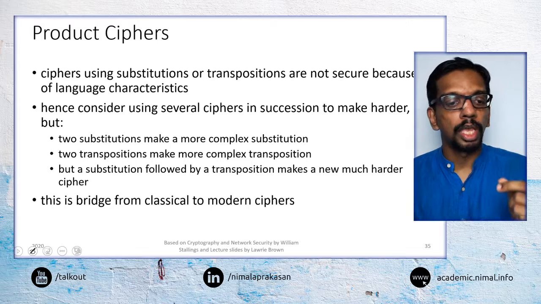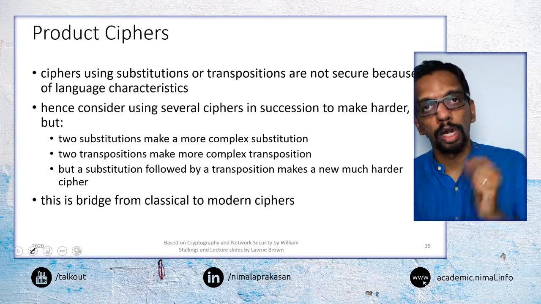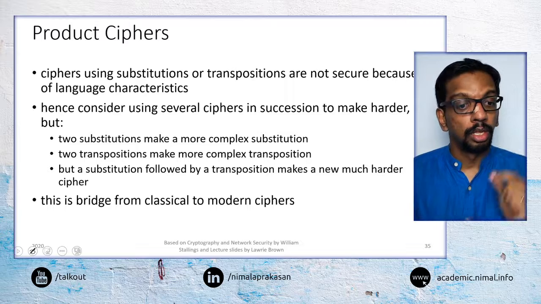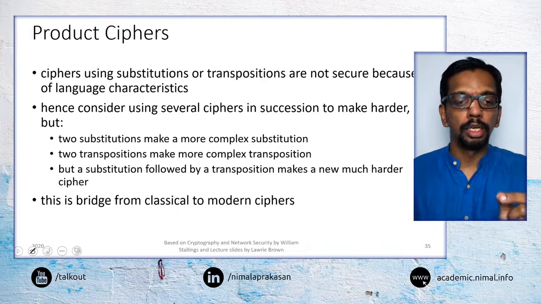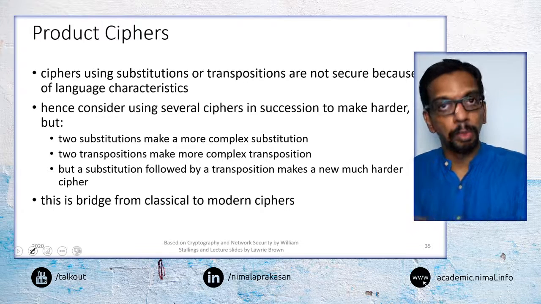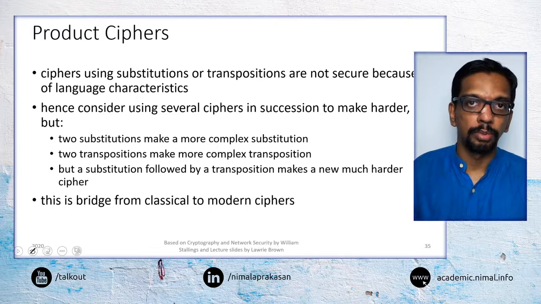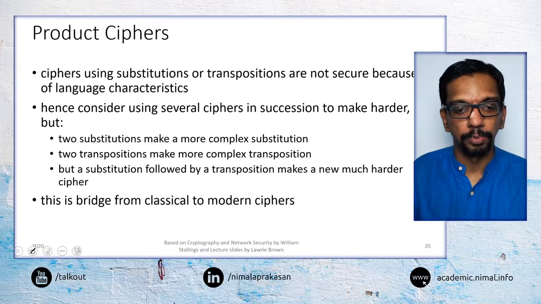Or two transpositions would be more complex than one transposition. More than that, if we do a substitution and then a transposition, it would be a much harder cipher because the complexity will be significantly higher.